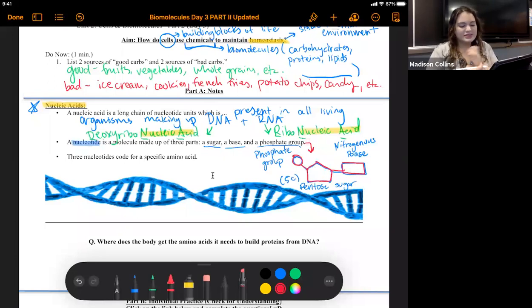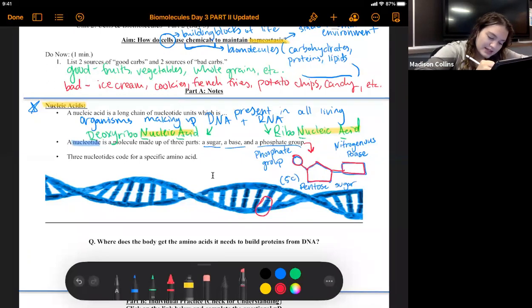Okay, and I just told you that nucleotides make up nucleic acids, and DNA is a type of nucleic acid. So in this picture, we have DNA. Remember, it's that spiraling ladder shape. And if we zoom in on this picture, this is actually going to be a nucleotide.